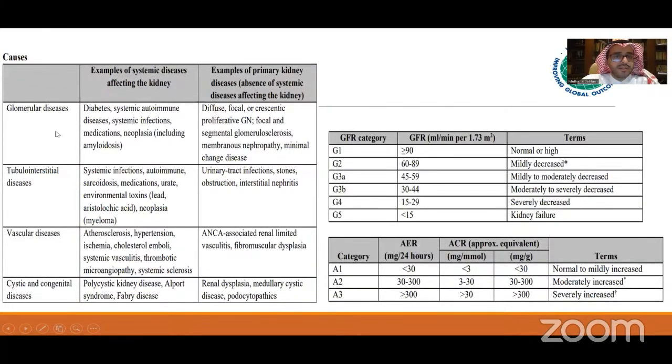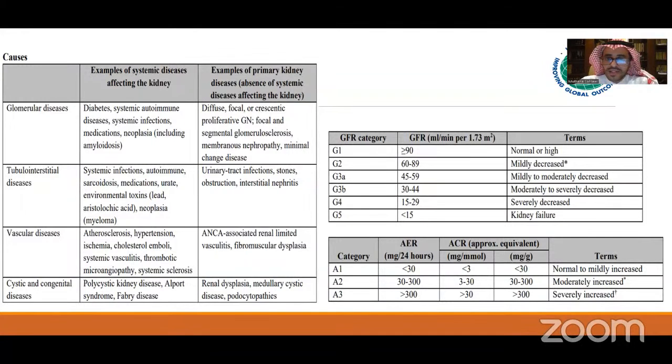So the cause can be identified by history, examination, and laboratory testing. Common glomerular causes include diabetes, SLE. Common tubulointerstitial causes include systemic infections, nephrotoxic medications, vascular disease such as atherosclerosis or hypertension, and also cystic and congenital diseases like polycystic or Alport syndrome.